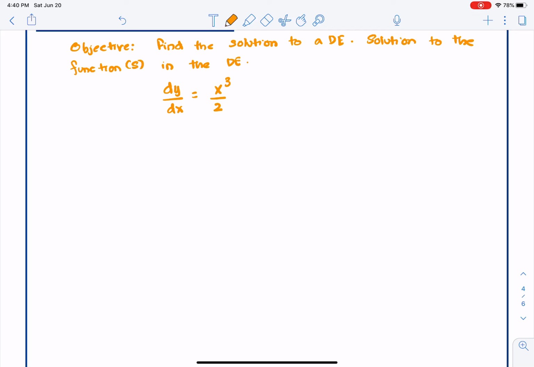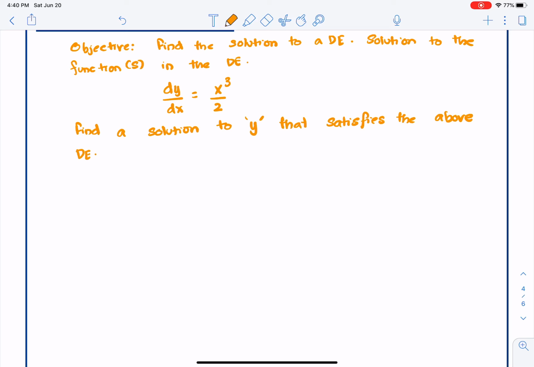Our goal is to find y. So we just have to find a solution to y that satisfies the above differential equation.